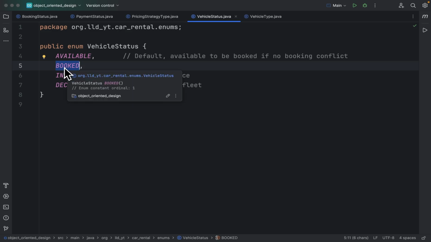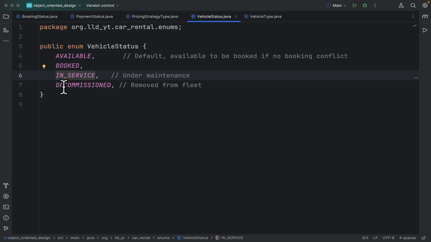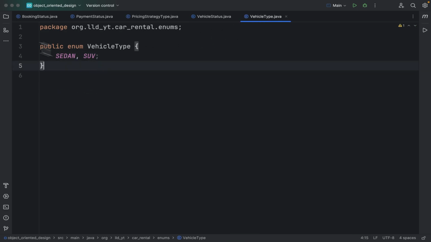So if I book the vehicle, then it would be in the booked state. Then it could also go into the decommission or in service state. After that, we also have this vehicle type enum, which signifies the type of the vehicle. We have sedan and SUV in our system, but in future you can keep on adding more types.